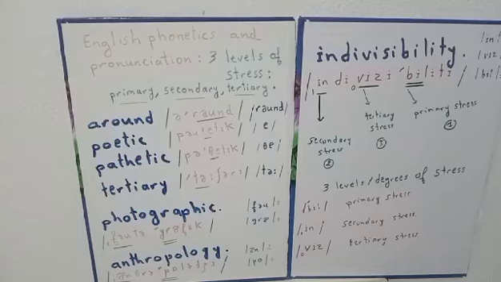Therefore, we say indivisibility. So again, the three levels or degrees of stress: bil, primary stress, in, secondary stress, and vis, the tertiary stress. We say indivisibility.